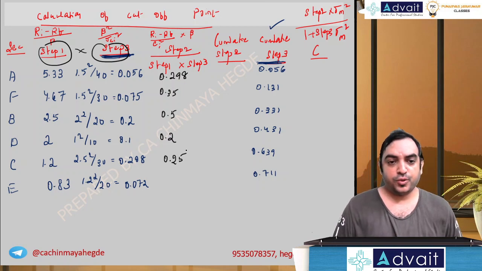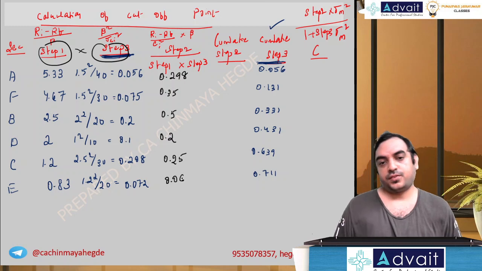Then 0.83 into 0.072, 0.0596, I may say 0.06 when I round it off.